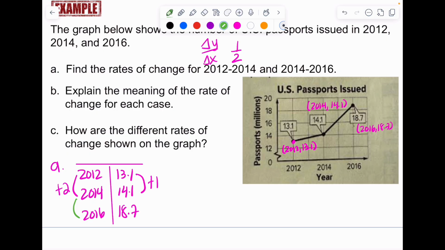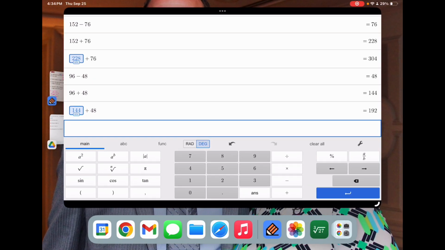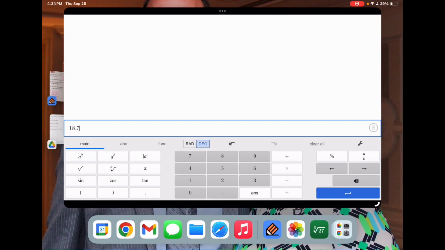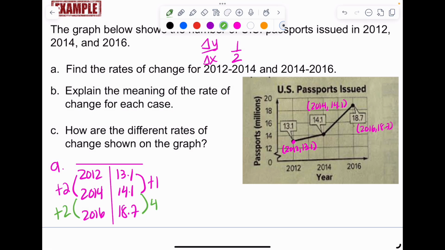So 2014 to 2016, we added 2, but 14.1 to 18.7, 18.7 minus 14.1, that gave us 4.6. So from 2014 to 2016, my change in y over my change in x was 4.6 over 2, or if you wanted to simplify that, that would be 2.3 over 1.